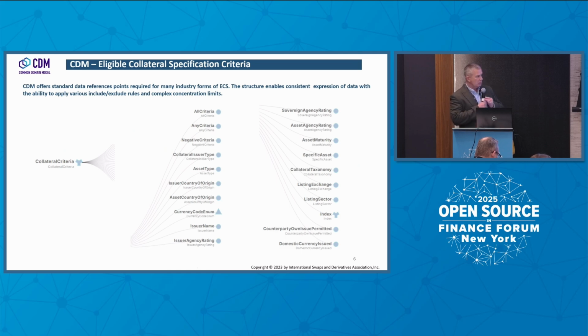This is just an example of the data types within the CDM, listed many different areas such as asset types, the country of origin, the issuer name, the maturity profile, the specific asset, exchanges, business sectors, indexes, for example. There's many different features in the model for representing this information.